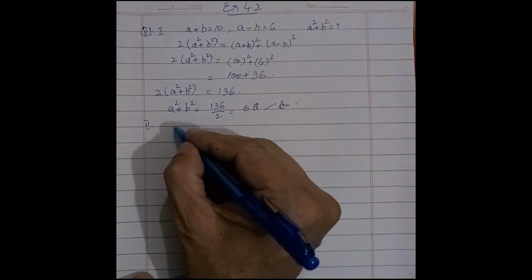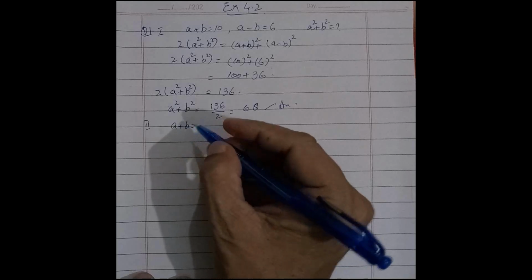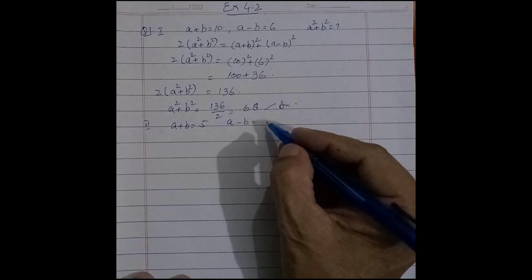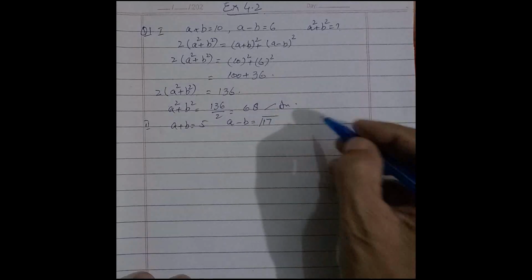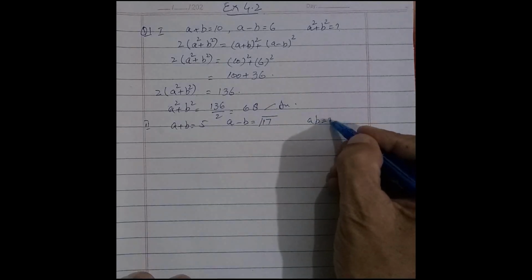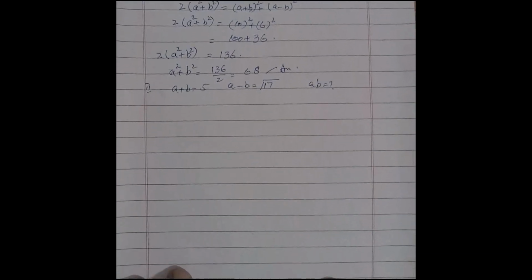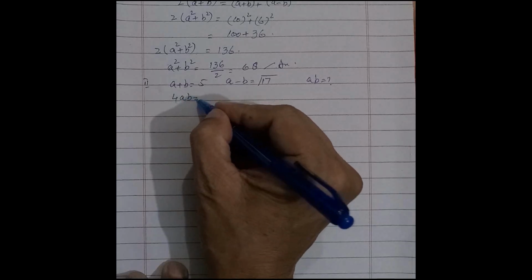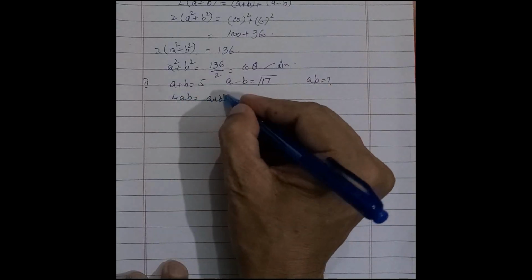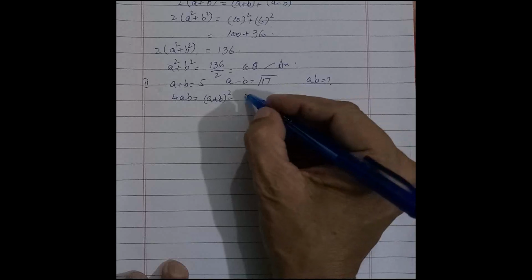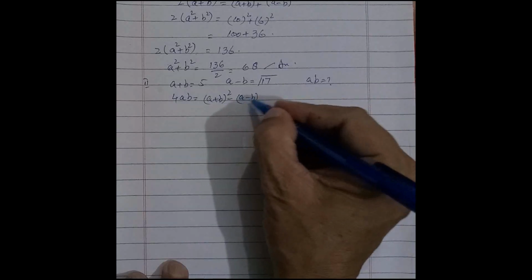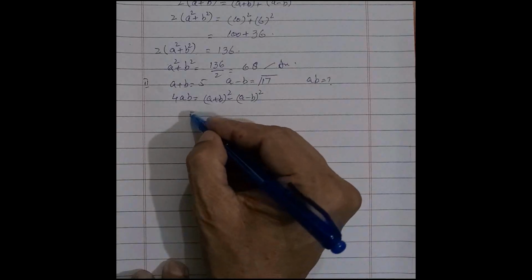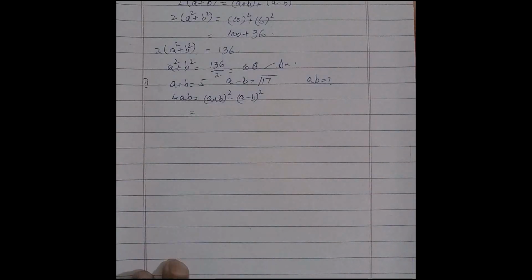The part second is we have a plus b is equal to 5 and a minus b is equal to square root 17, and we find the value of ab. Now we apply the formula, which is 4ab is equal to (a plus b) whole square minus (a minus b) whole square. Now we put the values of a plus b and a minus b.